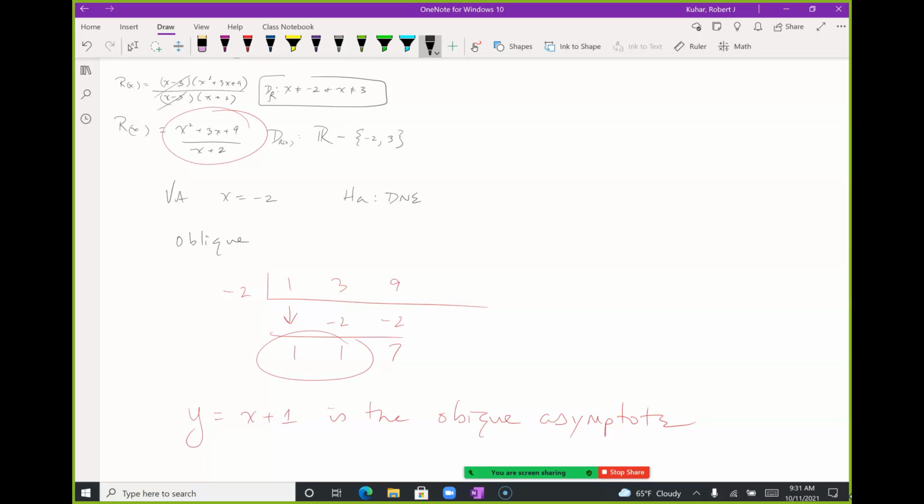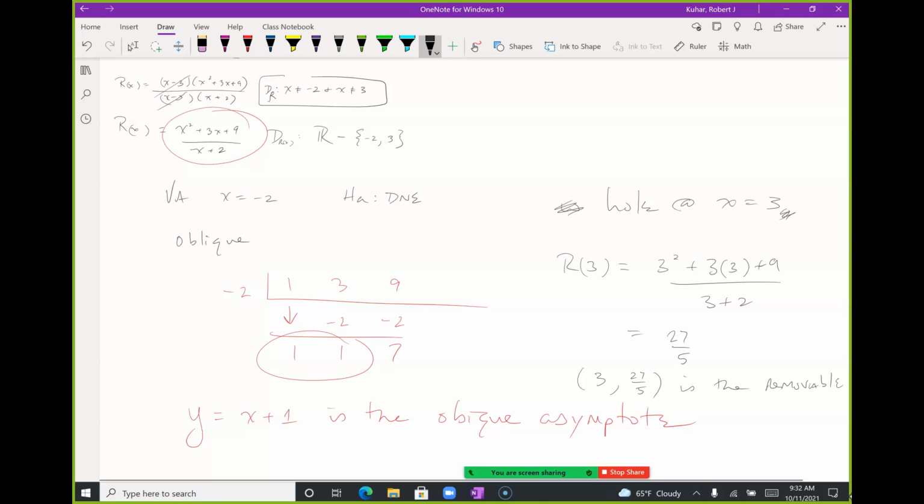So we already know there's a hole at x equals 3. And what I do is I plug that 3 into my simplified version, 3 squared plus 3 times 3 plus 9 all over 3 plus 2, into my reduced version. So I get 27 over 5. So there's a hole at (3, 27/5). And that's called a removable discontinuity.